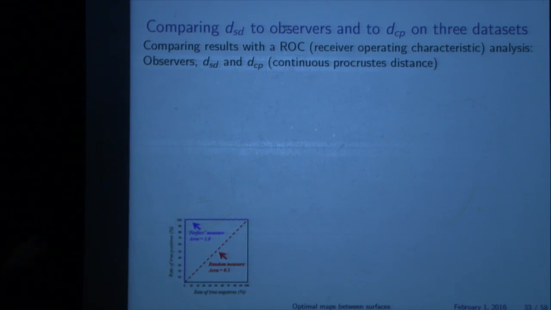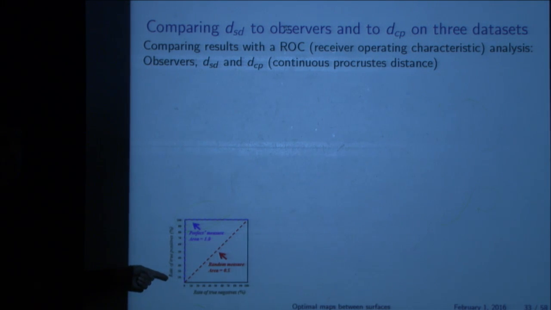Then we'll have a 100 by 100 symmetric matrix of distances. And what we can do is line those distances up from smallest to largest, and then we'll take the smallest one and say, is it the same species or is it a different species? Because we know the answer.